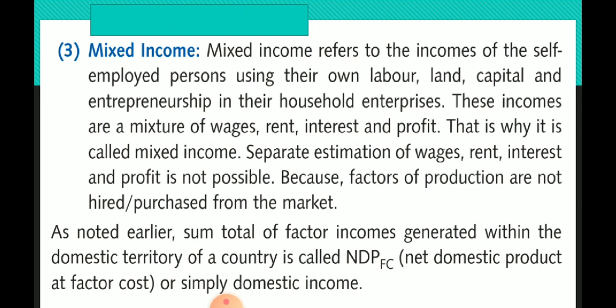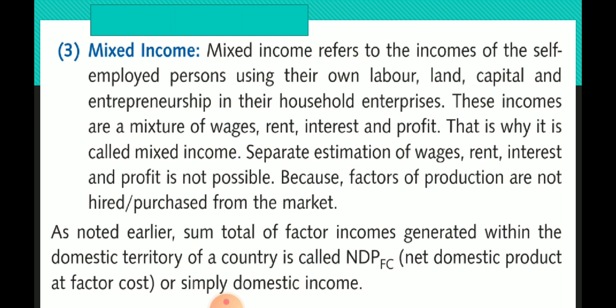For example, take a person who is a barber. Suppose he opens his saloon in his own home, it means he is going to make use of his own land and his own capital, and he works in this barber shop himself. So in this way he is using all his own resources.